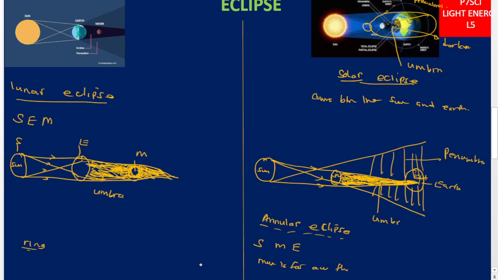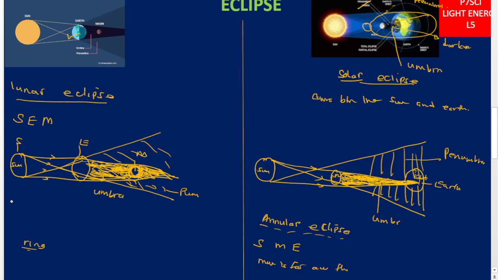So these have been the three types of eclipses: the solar eclipse, the lunar eclipse, as you are seeing here, then the annular eclipse. So the moon does not express the penumbra. The penumbra is going to be out of the moon, all of the moon is going to be totally dark.